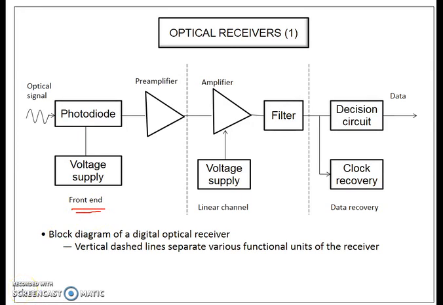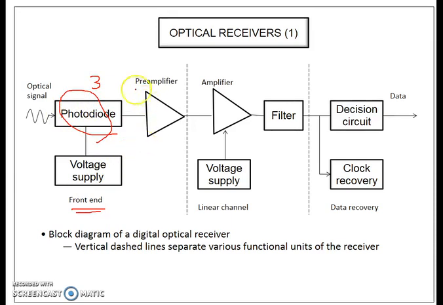The decision on which front end to use depends on the application. Then we have a photodiode. We have three important photodiodes: the PN photodiode, PIN photodiode, or APD photodiode. Which photodiode to use also depends on the application.